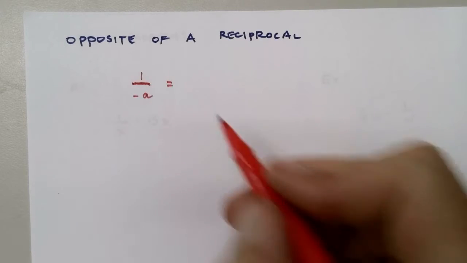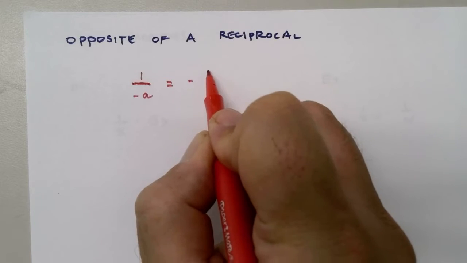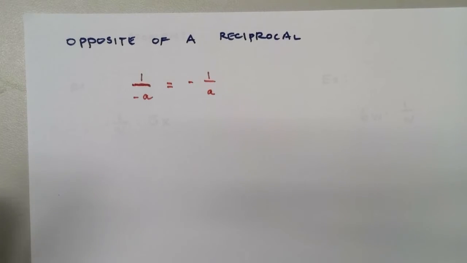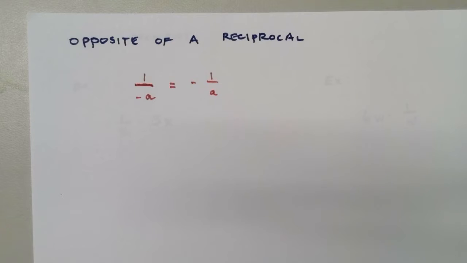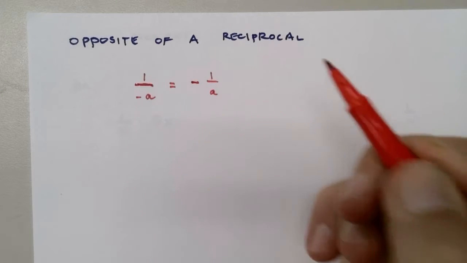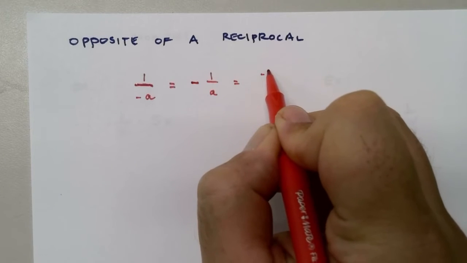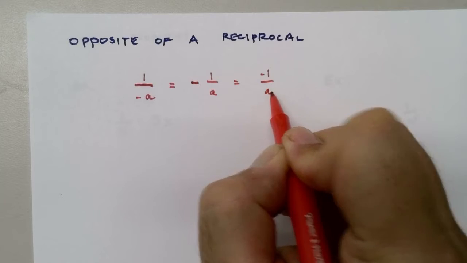I want you to know that that's equal to negative 1 over a. That's all that this property says. It's kind of a silly property, but that is what it is. I would add that it's equal to negative 1 over a.